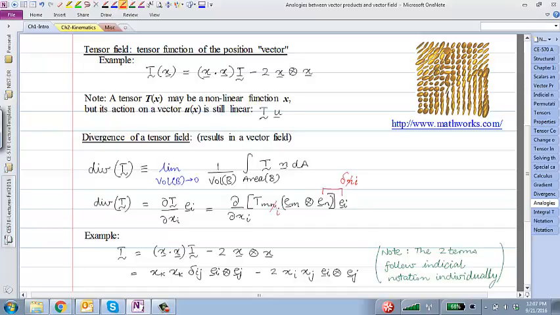Okay. Do I have too many i's here? No. Okay. So partial of t_mi partial xi in the direction what? e_m.